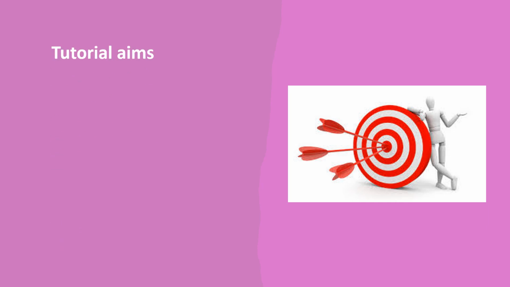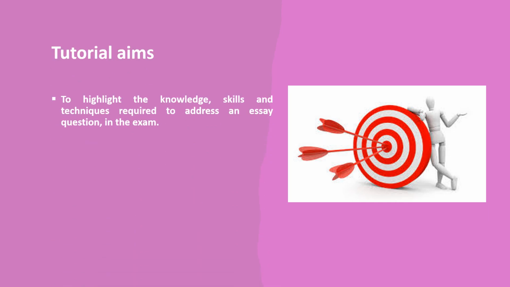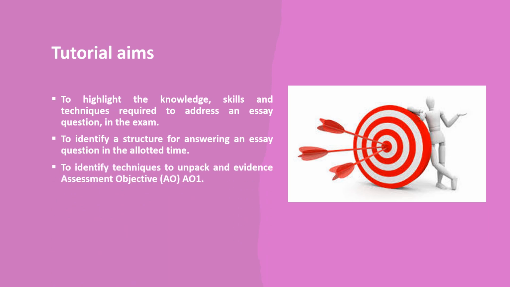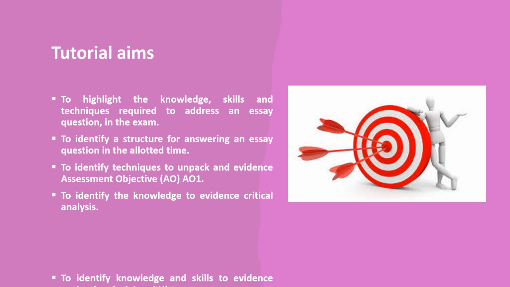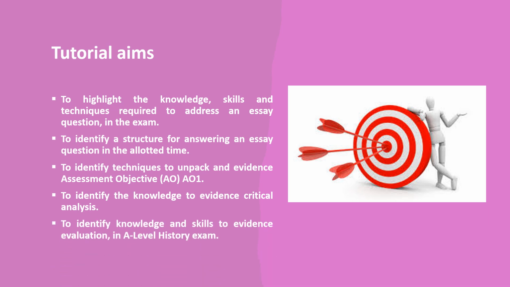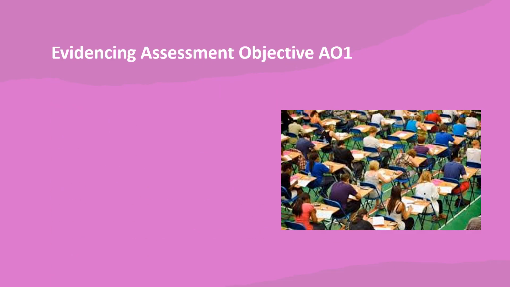Thus the aims of the tutorial are to highlight the knowledge, skills and techniques required to address an essay question in the exam, to identify a structure for answering an essay question in the allotted time, to identify techniques to unpack an evidence assessment objective AO1, to identify the knowledge to evidence critical analysis, and to identify knowledge and skills to evidence evaluation in the A-level history exam.